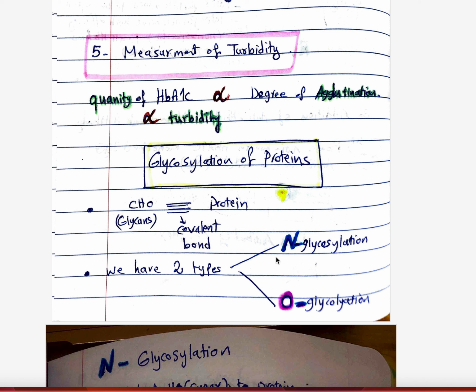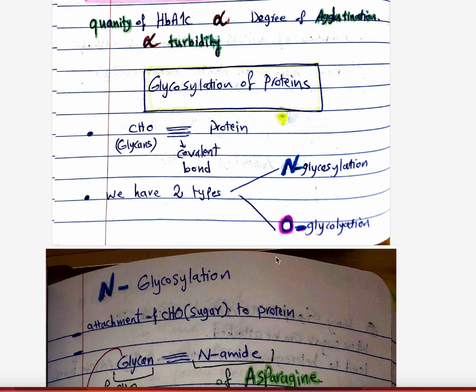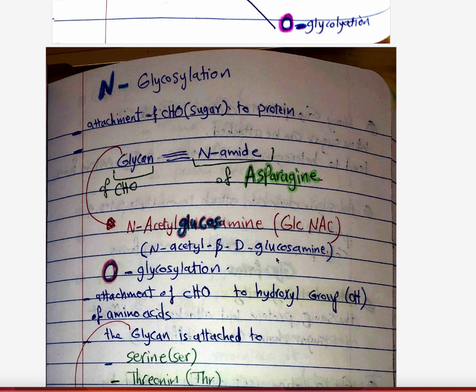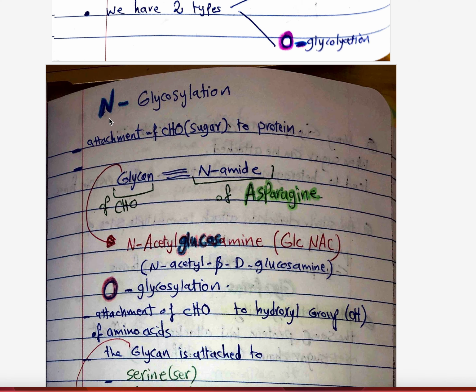Actually the N-glycation is what happens in hemoglobin A1C, because we have the amino acid valine and the glucose is attached to the N terminal of valine. So we will start with N-glycosylation, which is attachment of the sugar to the protein.